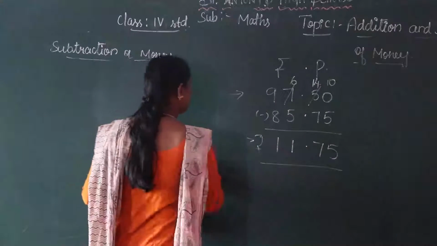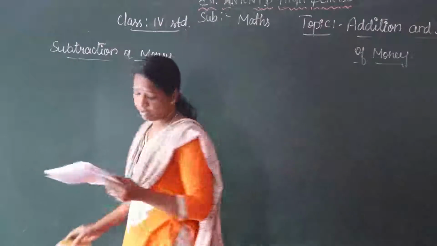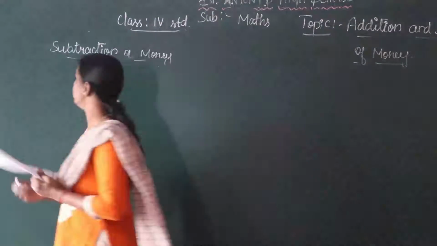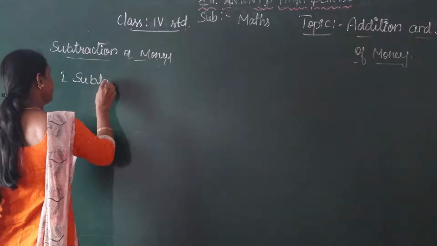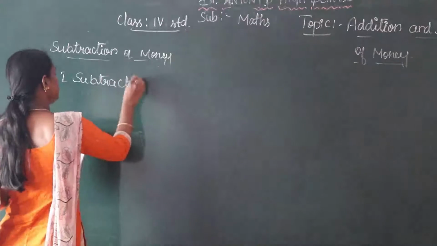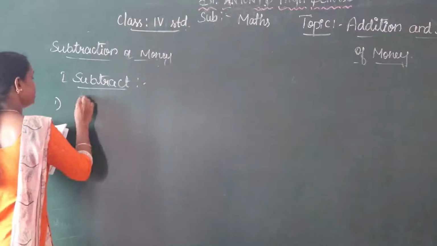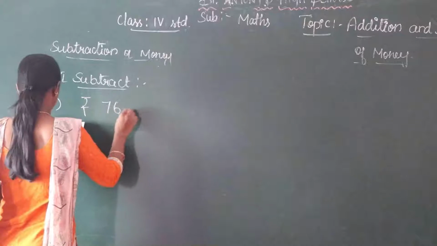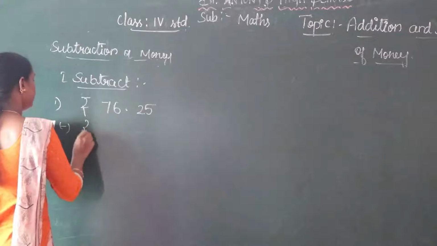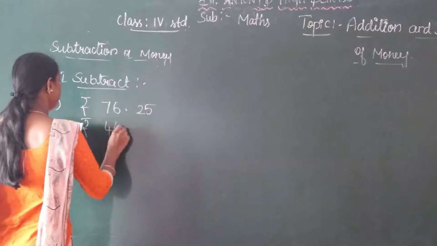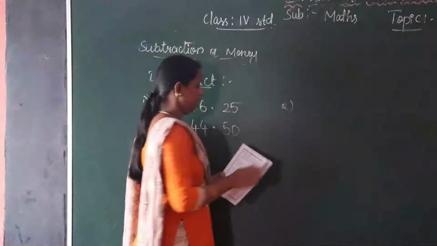Next, exercise number 10.2. In that one, subtract the following. First one, rupees 76.25 paisa minus rupees 44.50 paisa. Okay.